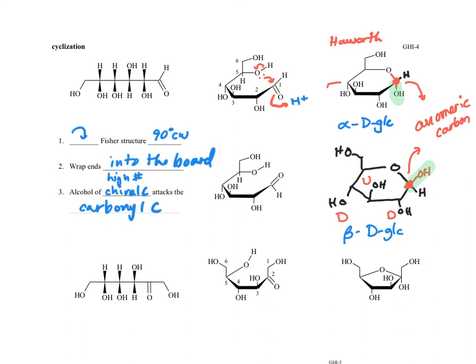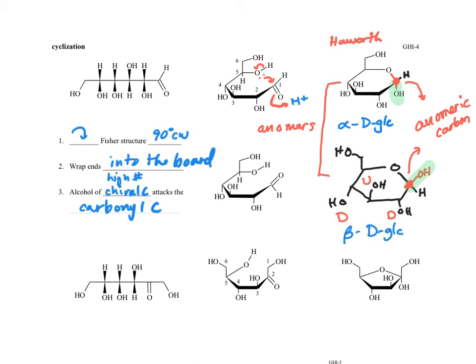And these two sugars are called an anomer pair. They're anomers of each other. It's another type of isomer, kind of like epimer or enantiomer. And they're both D-glucose.